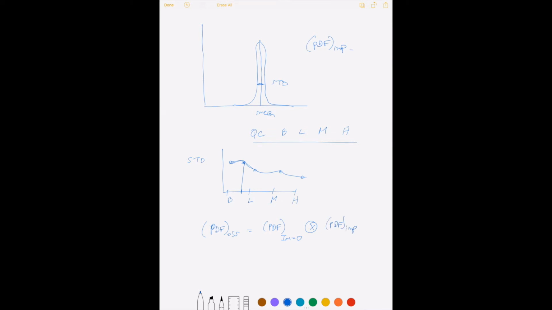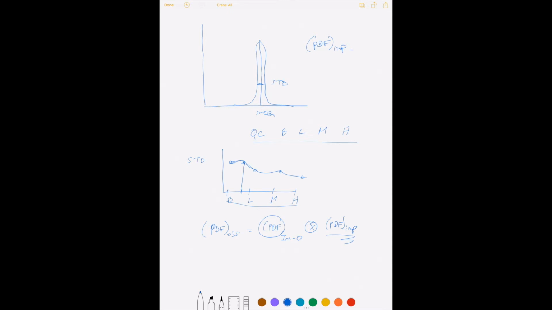Now it's a little bit more complicated because this distribution depends on the value of the activity, but mathematically we can do this numerically, and it's done in the paper, and out comes the probability distribution function if the imprecision in the assay platform were 0.